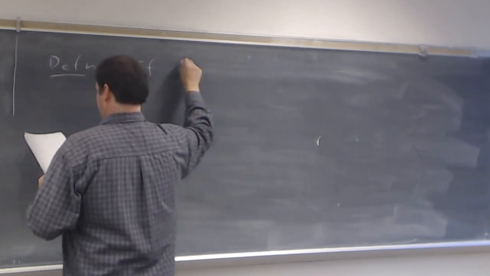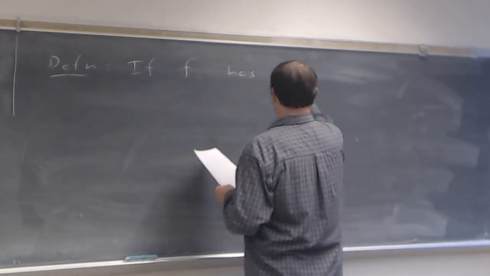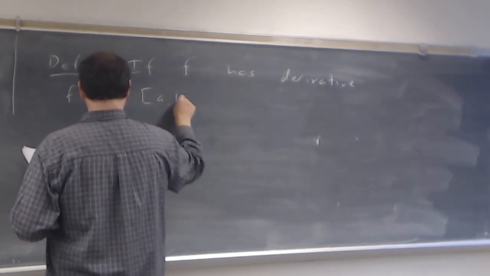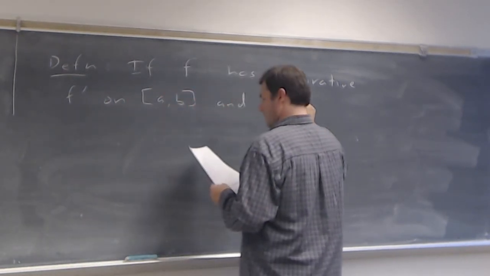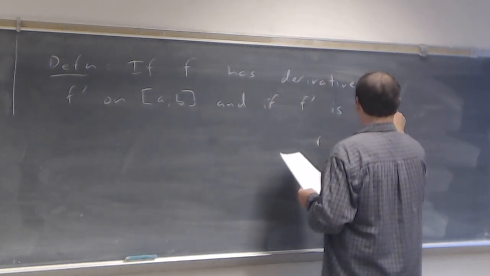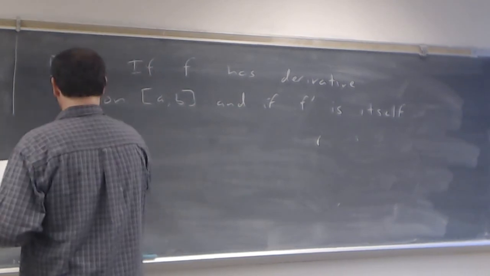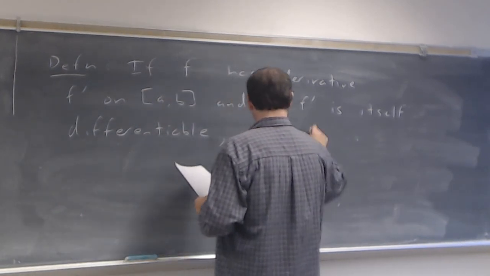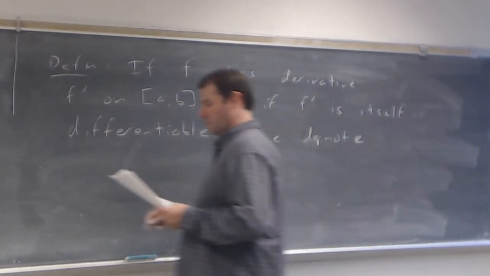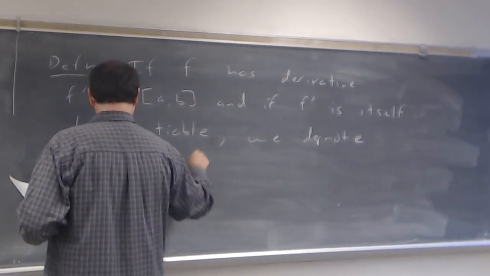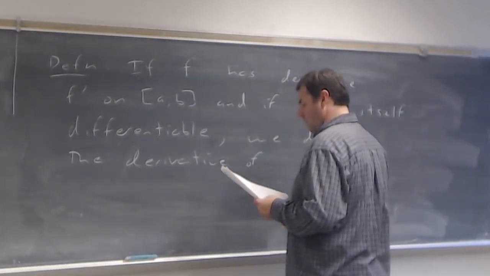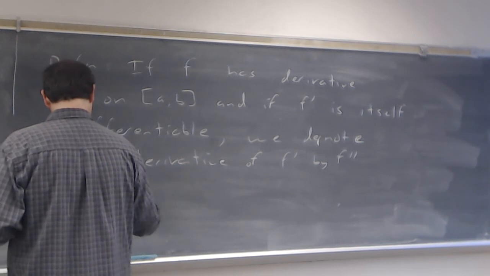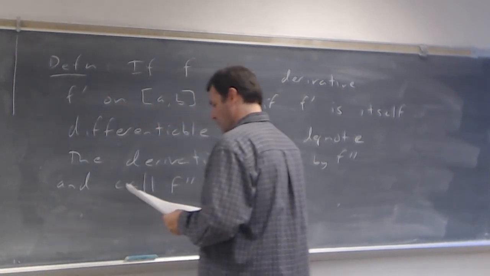It says if f has derivative f prime on a to b, and if f prime is itself differentiable, we denote the derivative of f prime by f double prime and call f double prime the second derivative of f.